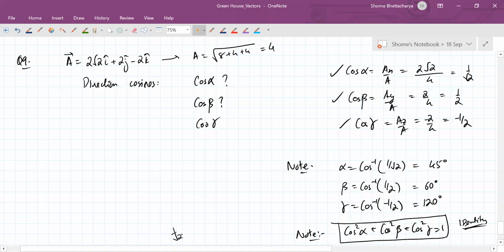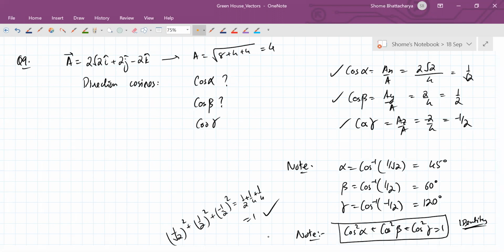It's 1 by root 2 square plus 1 by 2 square plus minus 1 by 2 square. That's 1. Yeah, that's correct. Okay.